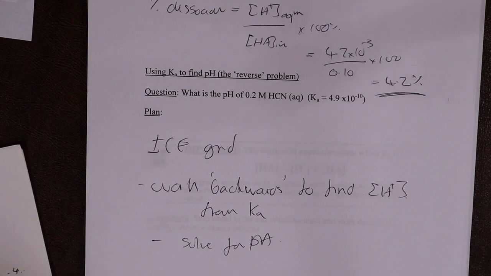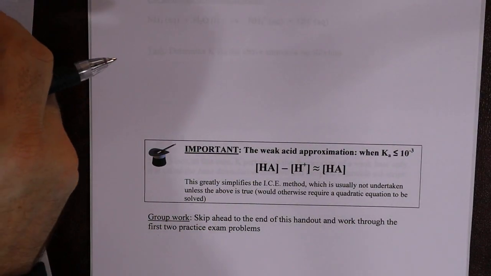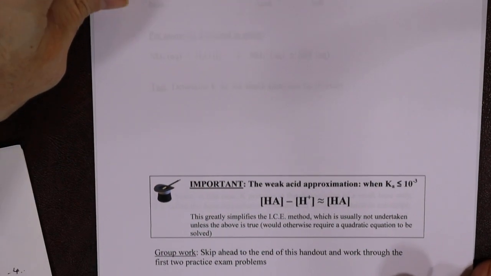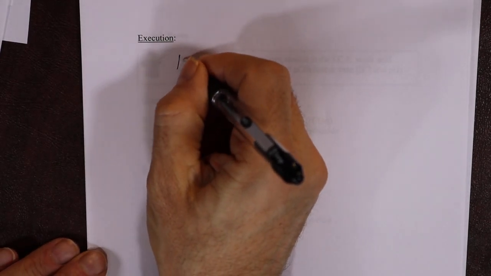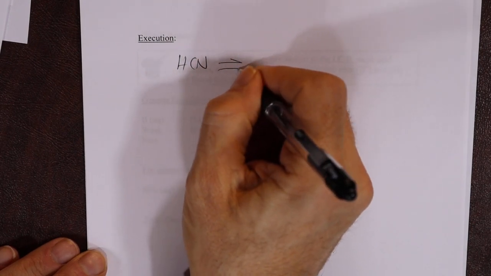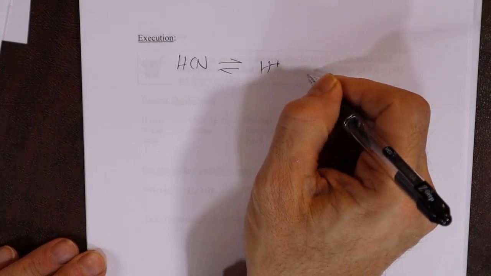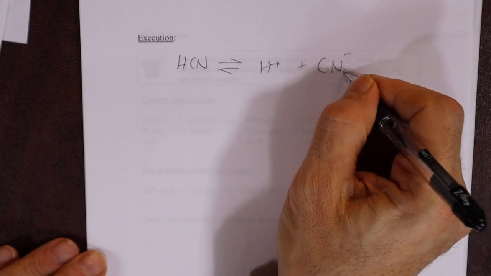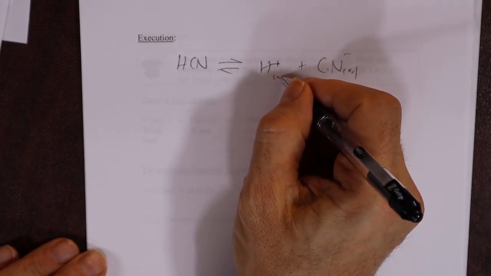All right. So let's go. So the grid, it was 0.2 molar HCN and its Ka was given, okay? So we got HCN in equilibrium with H plus and CN minus, aqueous, of course.